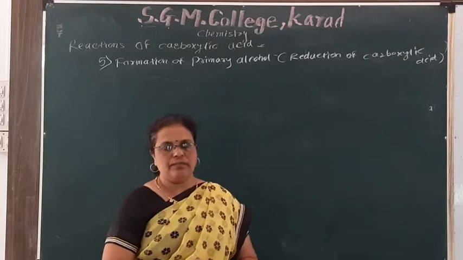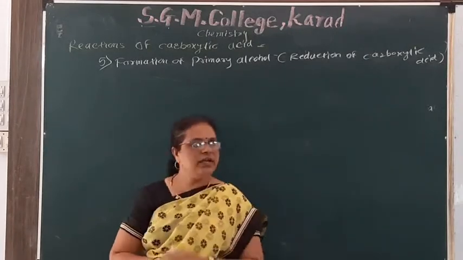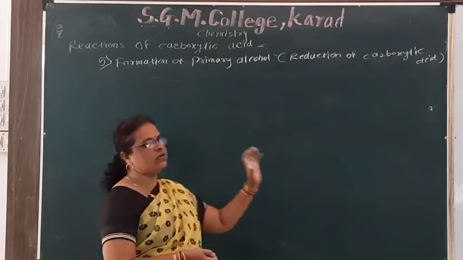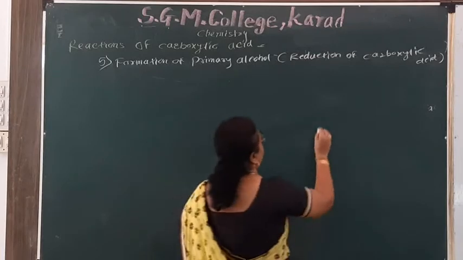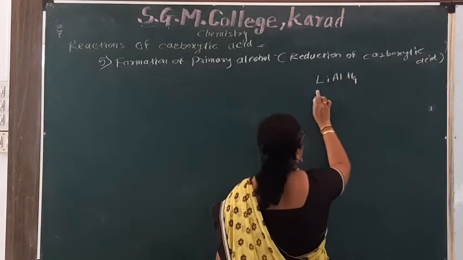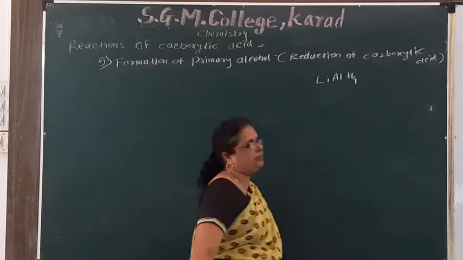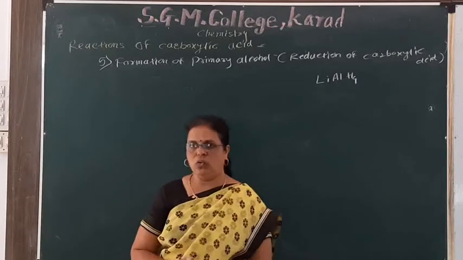In this reaction, carboxylic acid is reduced with a powerful reducing agent like LiAlH4, lithium aluminium hydride. Then it forms primary alcohol.